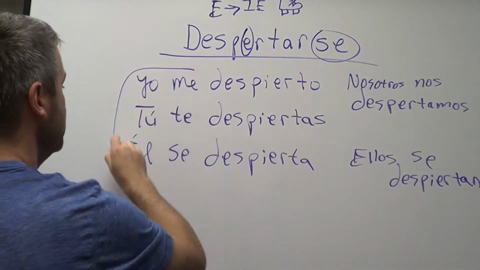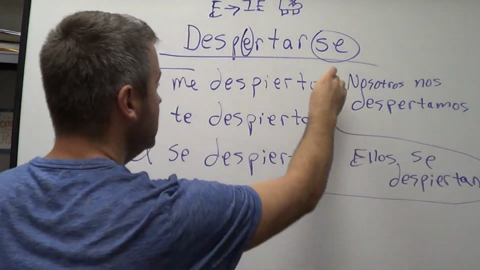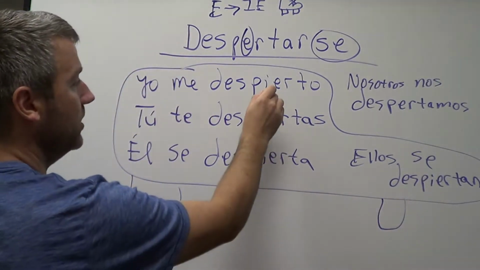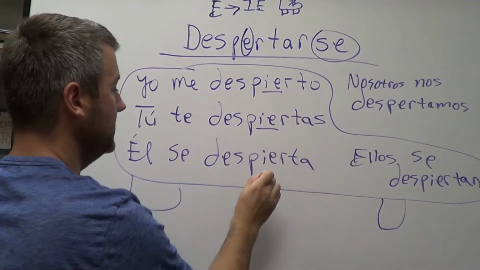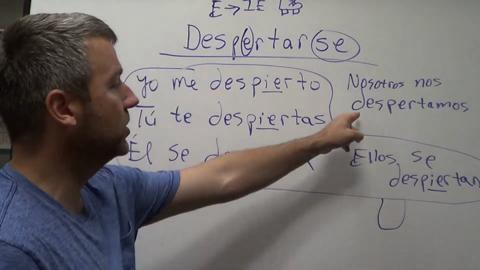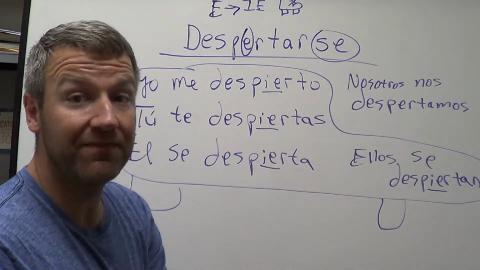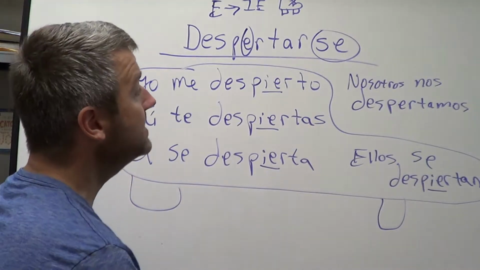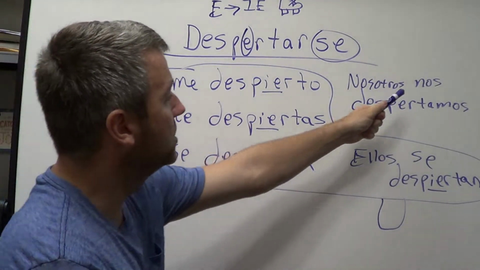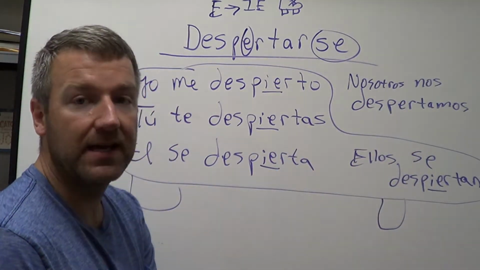All right, so let's circle this because it's a boot. Why is it a boot verb? It's a boot verb because that E is going to an IE in all of those forms except nosotros. Why is it also a reflexive verb? It's a reflexive verb because we have included me, te, se, nos, and se.